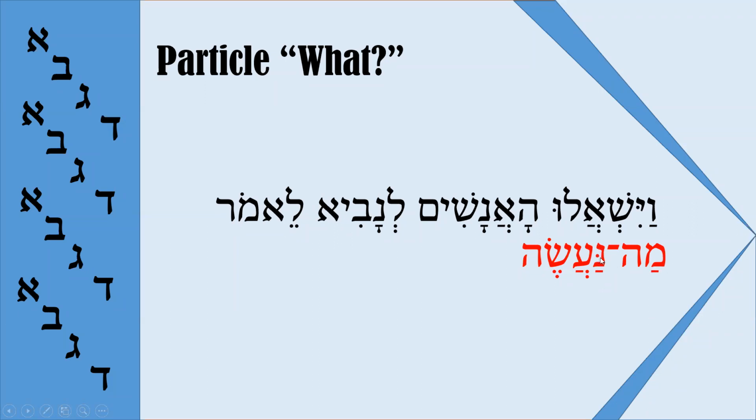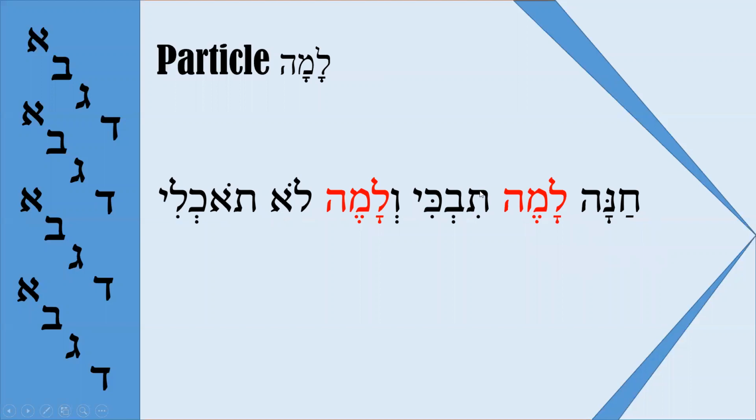Why did the dagesh appear here? Because of ma. When it is added to the word, it is always with the dagesh. So we can translate it: and the man asked the prophet, saying, what shall we do? Very well, we can continue.